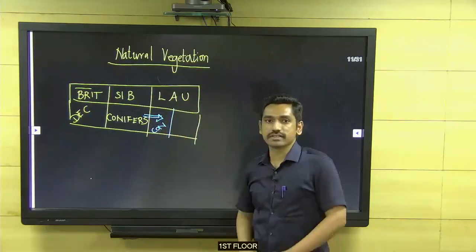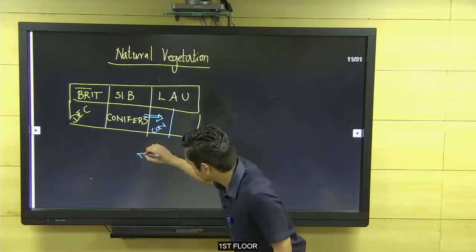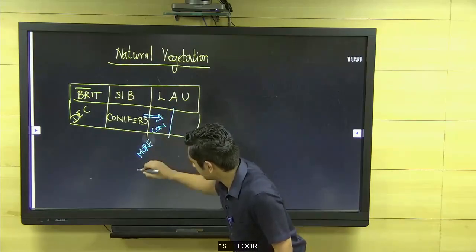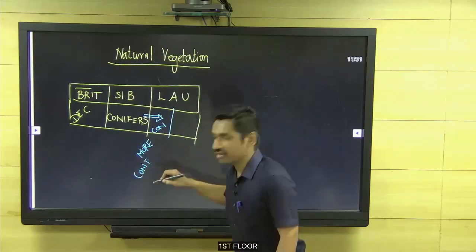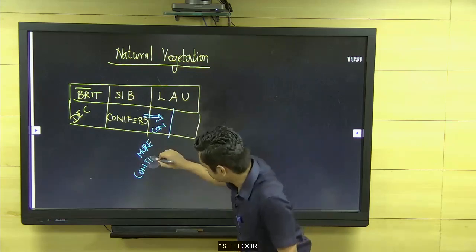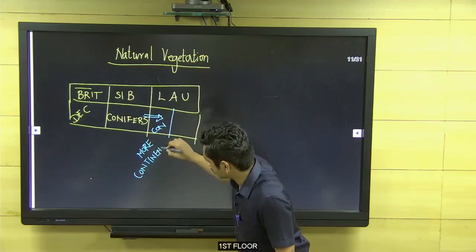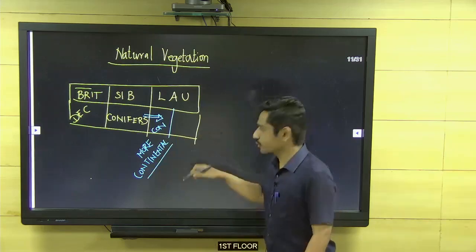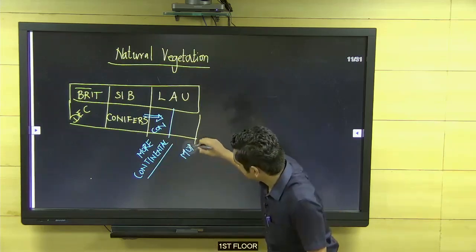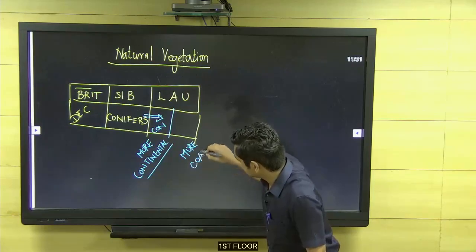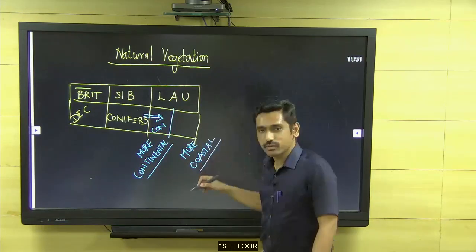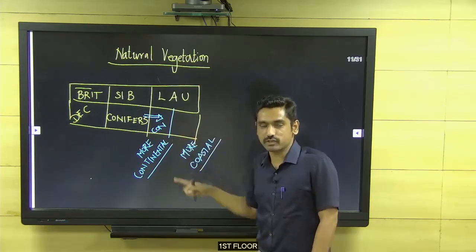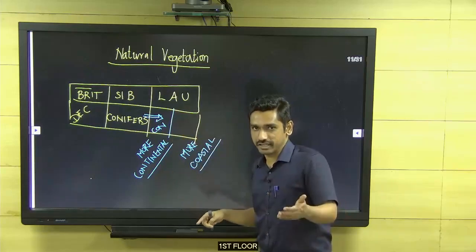So this is my continental section, more continentality. You come to the eastern side, it's more coastal. Since it's more coastal, you will naturally know that there is help from the sea, which prevents severity of weather conditions.